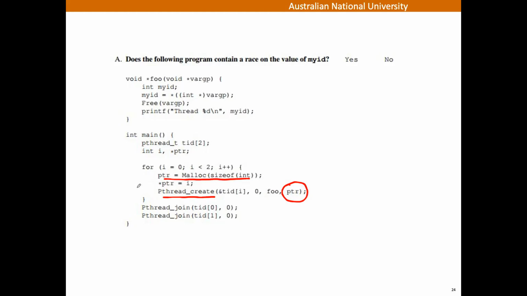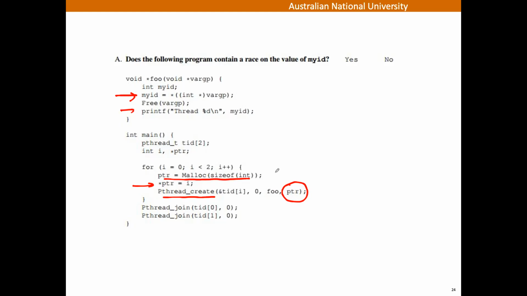It dereferences that to store the integer ID of each thread, and it passes a pointer on the heap to the thread, and the thread dereferences the pointer and does something with it. Is there a race on my ID? No, because each thread has a separate copy of my ID on the heap.